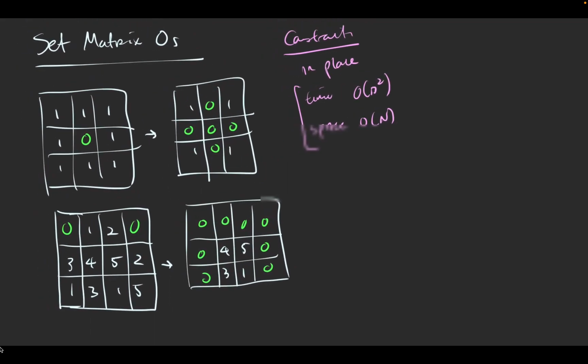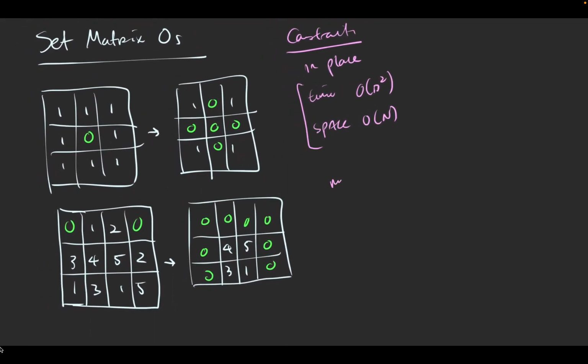So my approach, there are different ways to approach this, but my approach is to track the zeros, and then utilizing where the 0 is, you go ahead and set the row and column to 0.